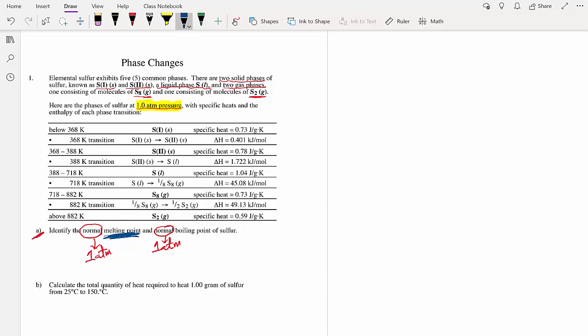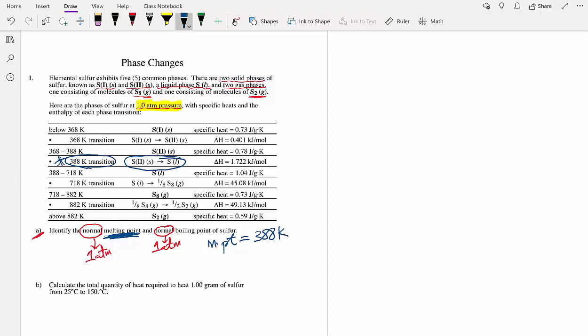And if you look at this chart properly, you will see that that occurs right here, which means the normal melting point for sulfur is 388 Kelvin.